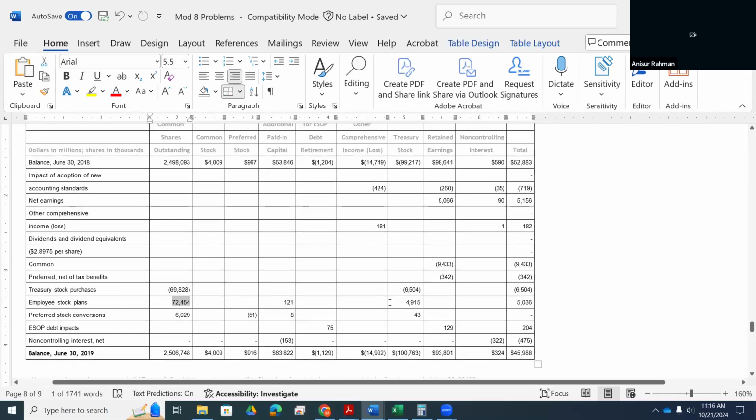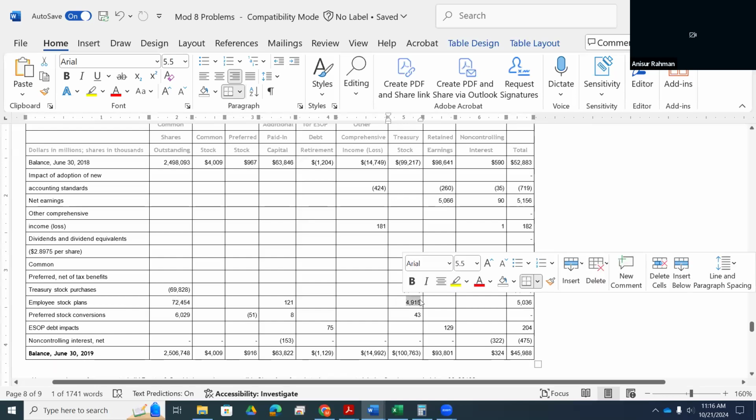In this case, again, what happened? Our treasury stock balance decreased, the negative balance decreased by this amount. So this company actually used the shares that were repurchased to resell them, in this case issuing them to employees. So it decreased the negative balance of treasury stock.